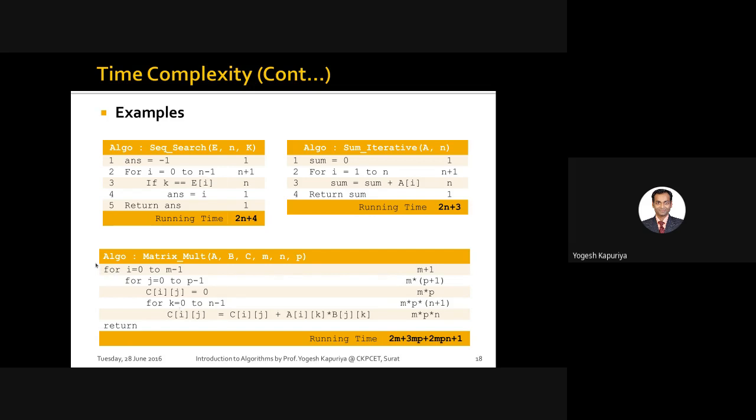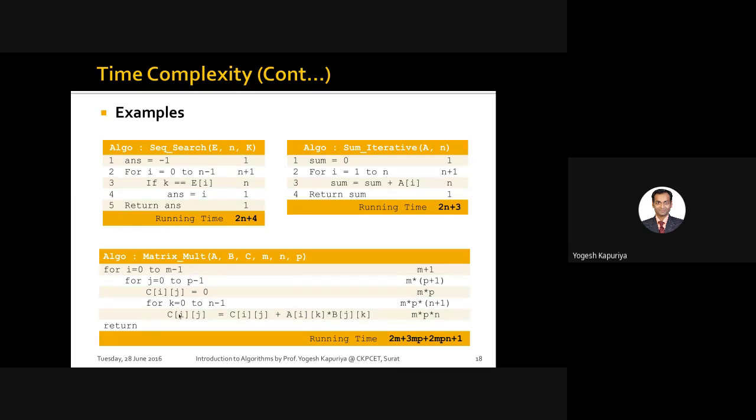Simple approach to perform the matrix multiplication. You will run a loop for all the rows of the first matrix, then for all the columns of the second matrix, and then you will have a third loop which will simply run over the number of columns of the first matrix, or number of rows of the second matrix.